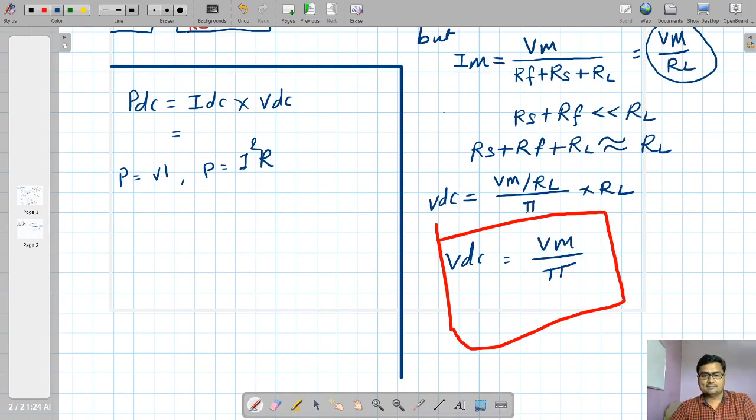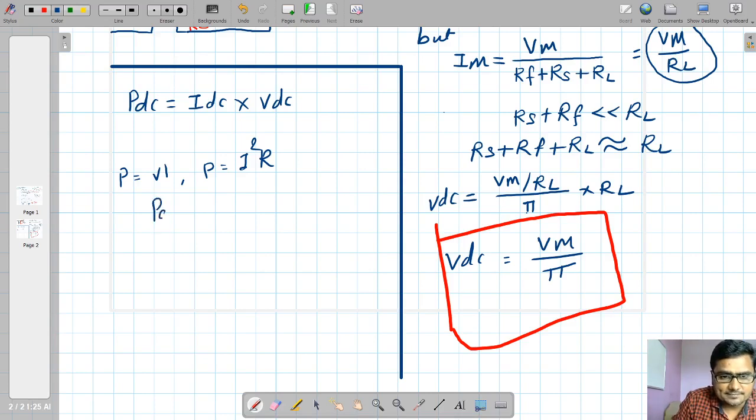But what happens generally if you start solving problems related to rectifiers, then in many cases the resistance value is given, the value of load resistance which is connected at the output. VDC is not given in so many cases. Is it? If it is given, then it is okay, no problem at all. But IDC can be calculated, and if the value of resistance is given, then it is possible for us to calculate the value of PDC.